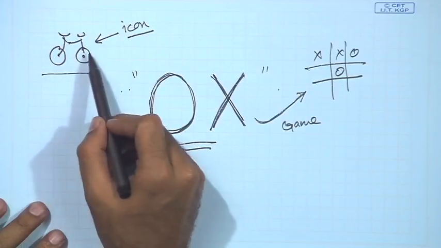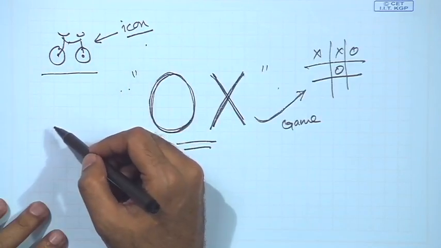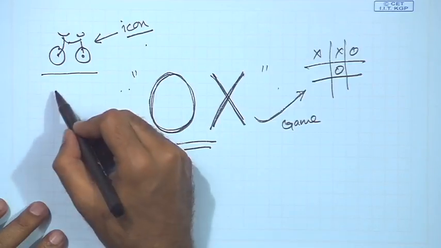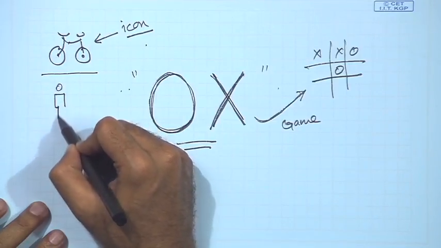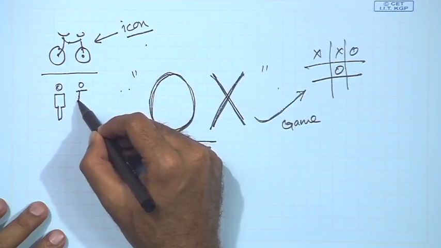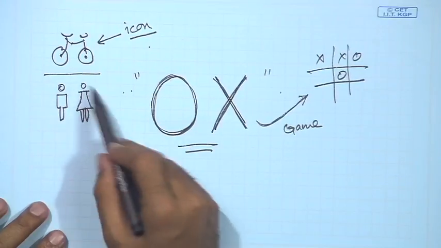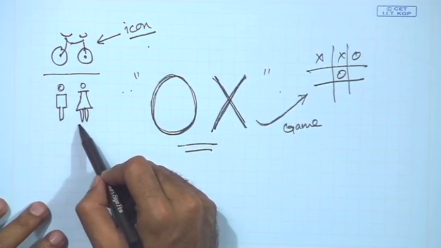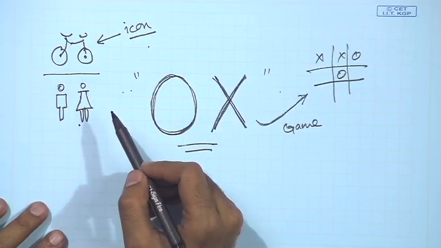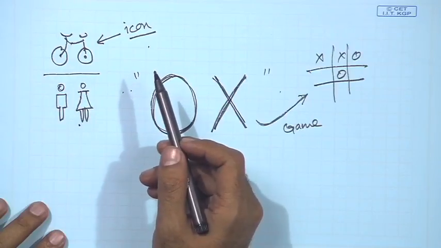Or let me give you another example: whenever we do signage for ladies and gents toilets, we use icons like this. These are basically representations or resemblances of the real life object. That creates the iconic sign, and generally when we look at it, we recognize it.